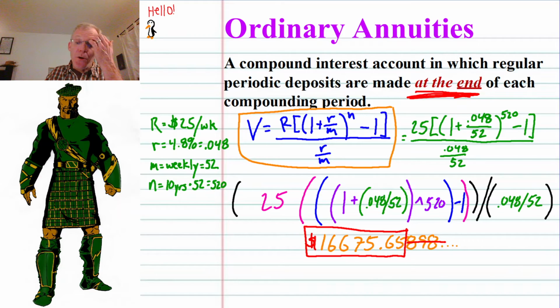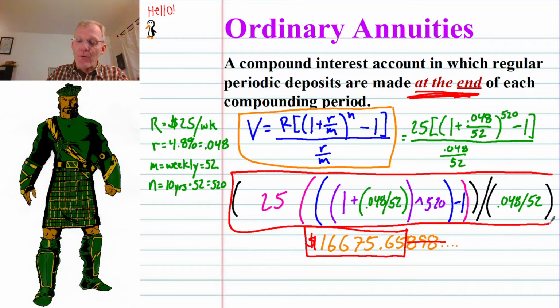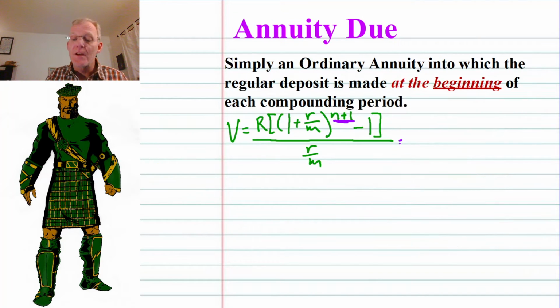So what we're going to do is take this exact same answer that we had, all this work right here, and I'm just going to change this number right here, 520. I'm going to change it to 521. So I'm going to come back over here, and we're just going to put 521 in there. And on my calculator, I'm going to do second enter again so that I can just adjust it.